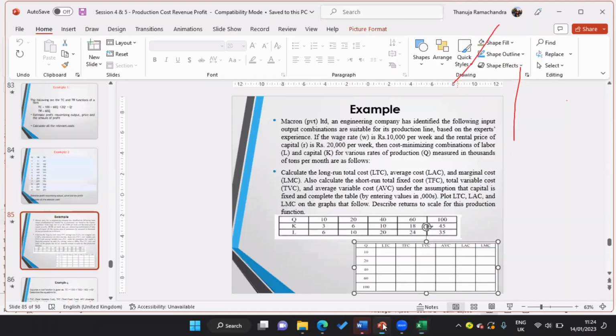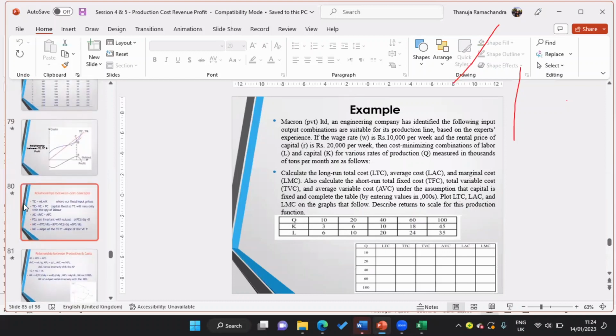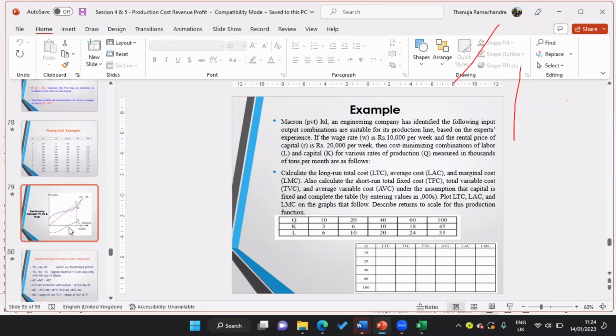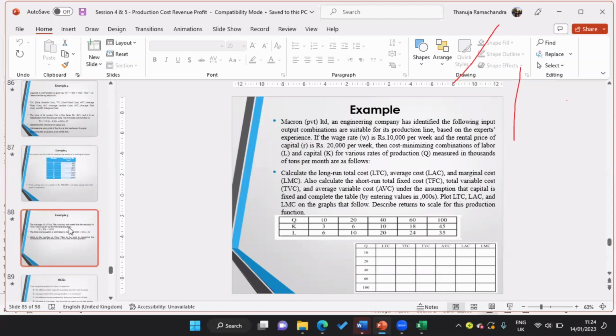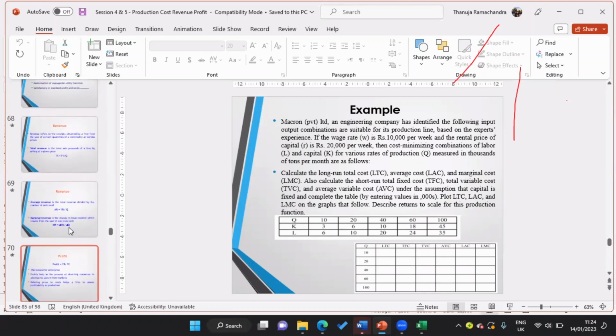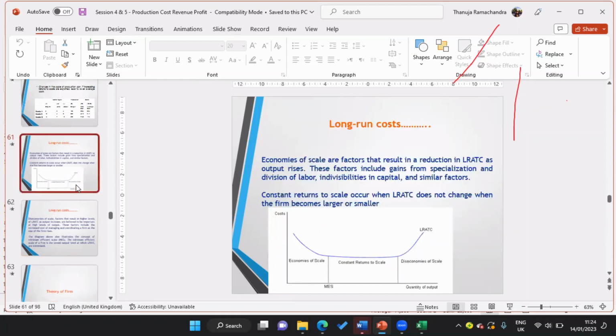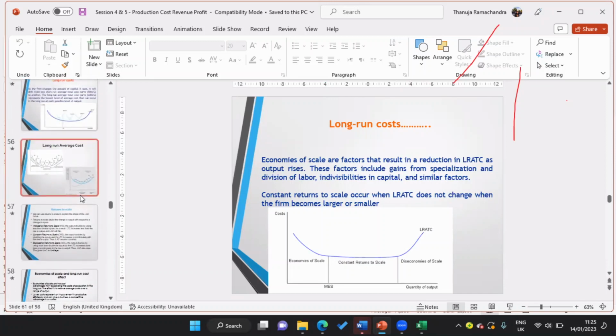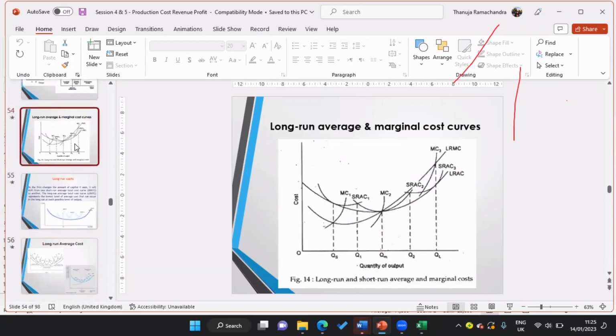So if you remember the graph that we had yesterday, the long run cost curve, you see here also 10,000, here also 10,000, right? And the marginal cost LMC is going through this, right? I showed you yesterday some other graphs. Here, can you see the LMC, long run marginal cost? It is intersecting the LRAC, right?